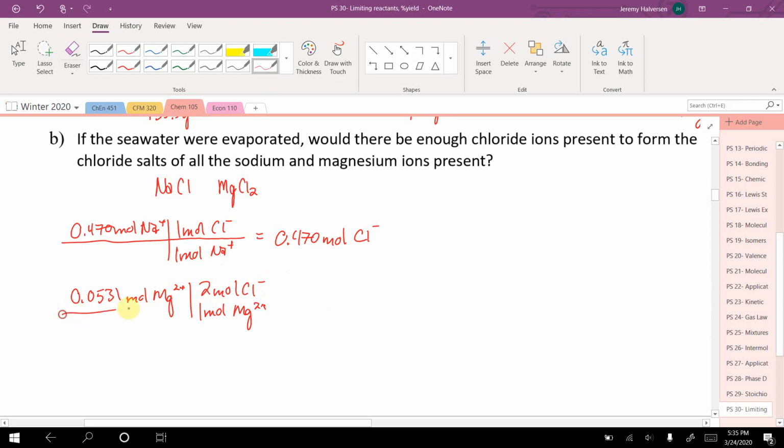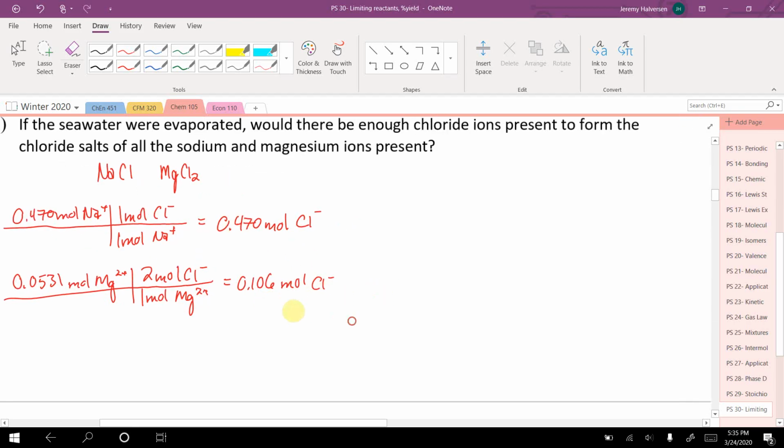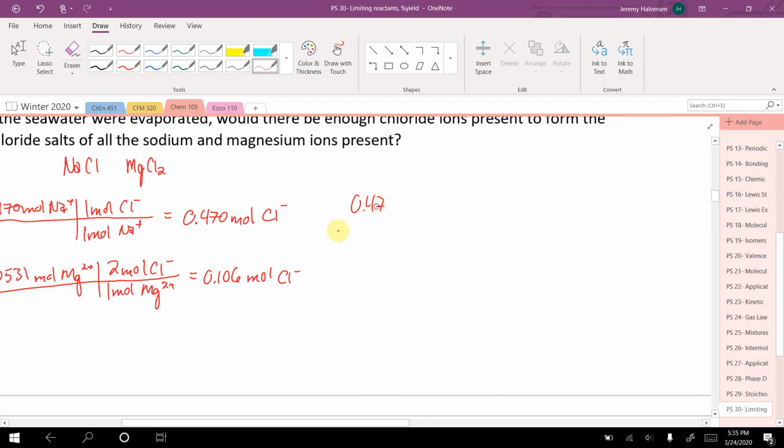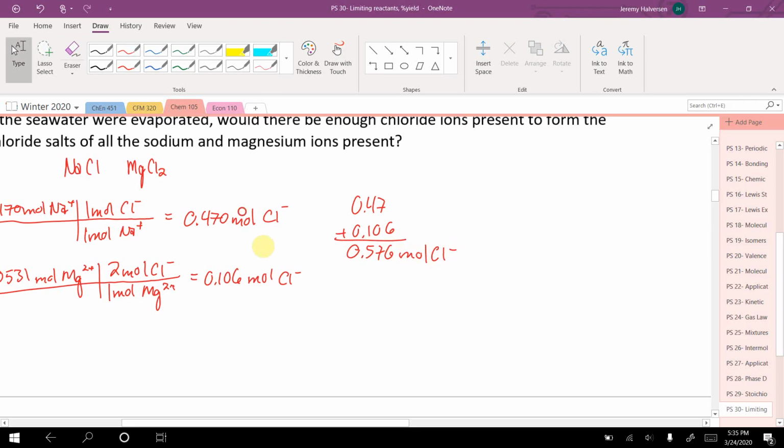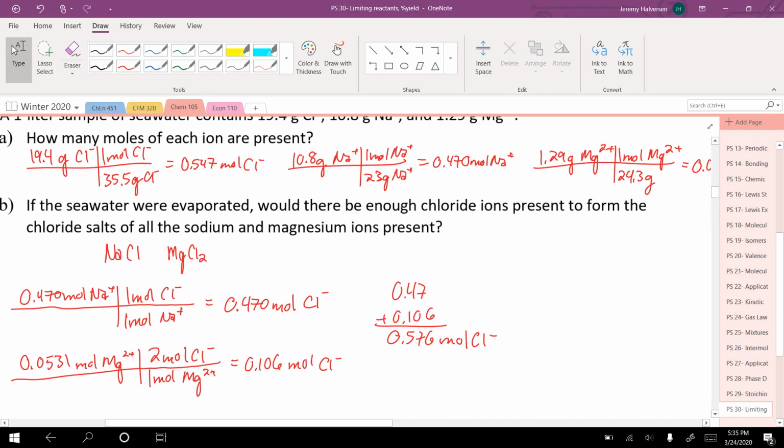Now, obviously, there are very intuitive ways. You don't have to write it out the way I've written it out. But that would then require me to have 0.106 moles of Cl minus, which means I would need 0.576 moles of Cl minus total, and I have 0.547.